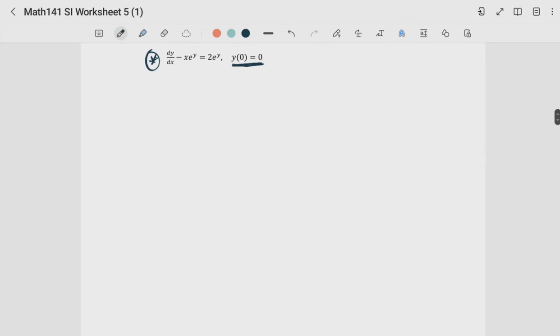Going back and using the same logic, we bring all the terms in y on the left-hand side.